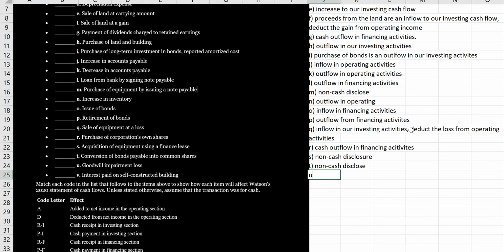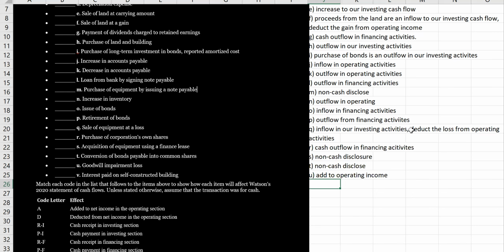And then U, goodwill impairment loss. The goodwill impairment loss we're going to need to add to our operating income because it was already deducted from net income, but it's a non-cash item, so we're going to add it back.